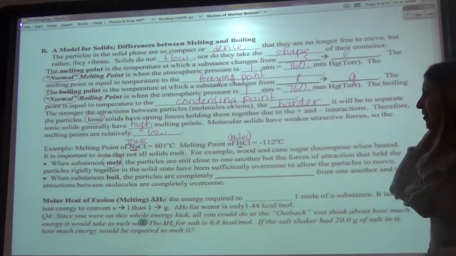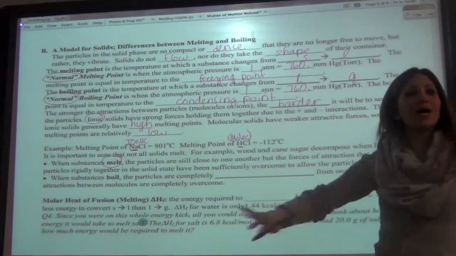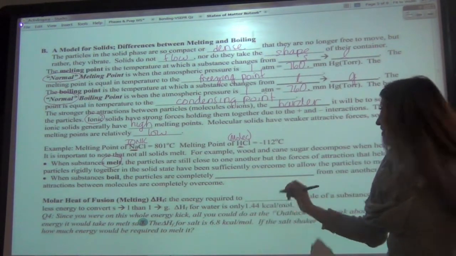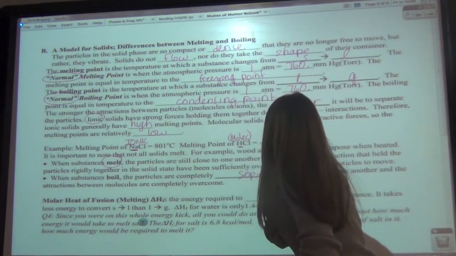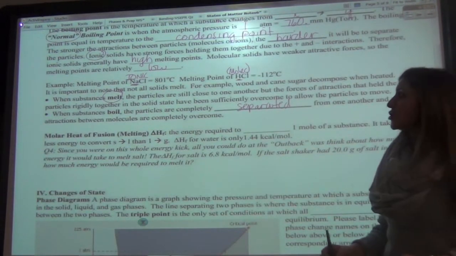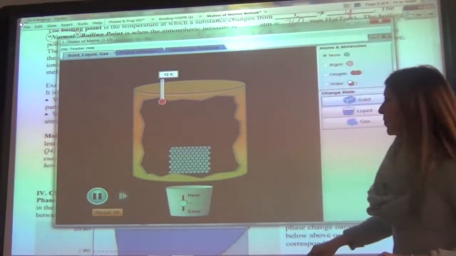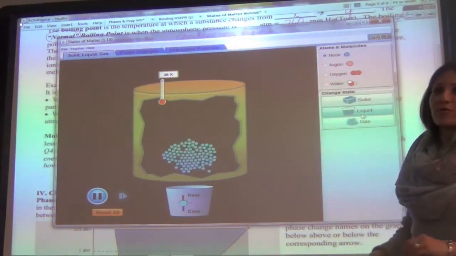When substances boil, the particles are completely what from one another? Separated. Perfect. They're completely separated from one another, and now the attractions between the molecules are completely overcome. So if we take a look at a picture of that, if we switch into liquid phase, there we go.